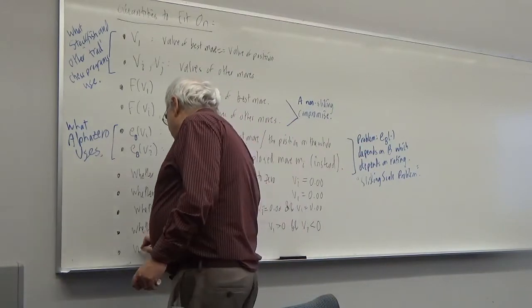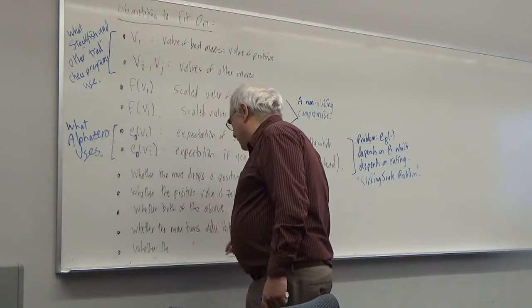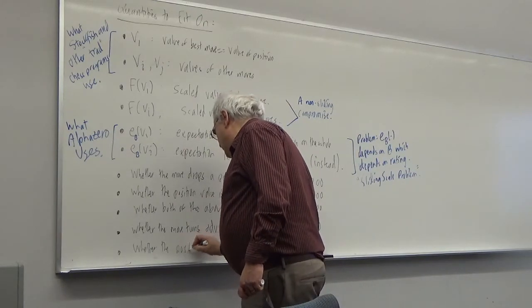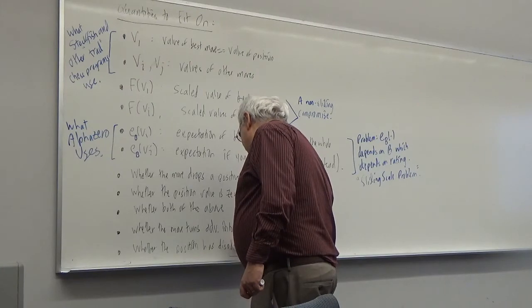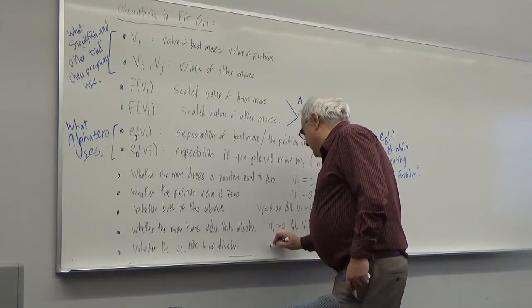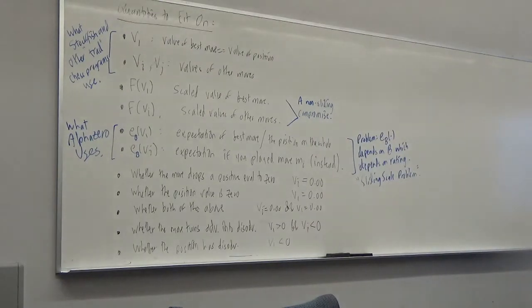And there's whether the position is worse, a disadvantage. Okay, and that's just V1 less than 0. In other words, does all the action take place in the minus portion of the eval?